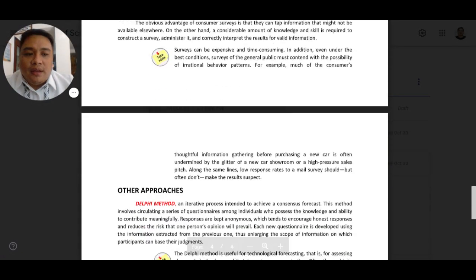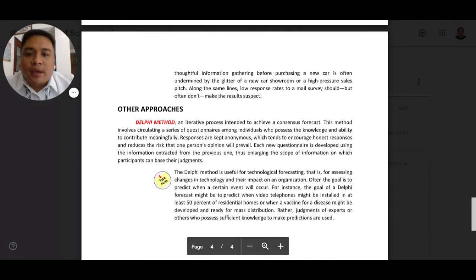Then the last we have is the Delphi method. The Delphi method is an iterative process intended to achieve a consensus forecast. This method involves circulating a series of questionnaires among individuals who possess the knowledge and ability to contribute meaningfully.